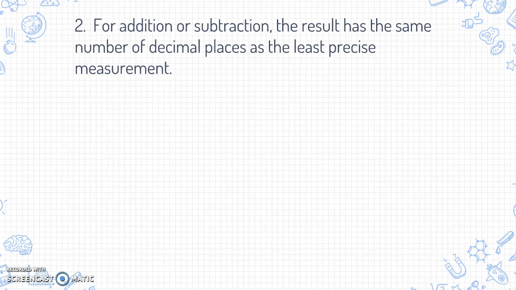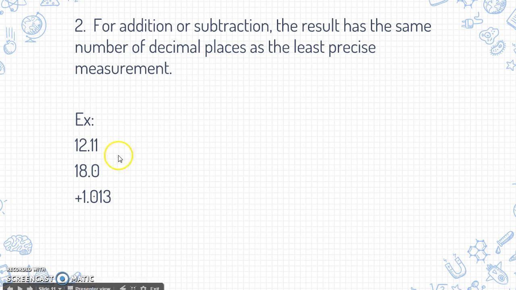Addition and subtraction is a little bit different. The result has the same number of decimal places as the least precise measurement. Not the same total number of sig figs, but decimal places. So for example, if we were adding these 3 numbers, our final answer would have the same number of decimal places as the least precise measurement.